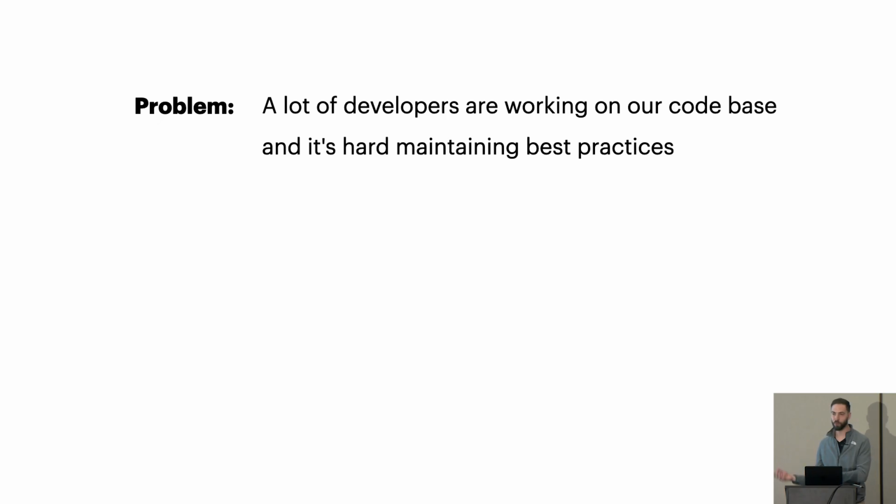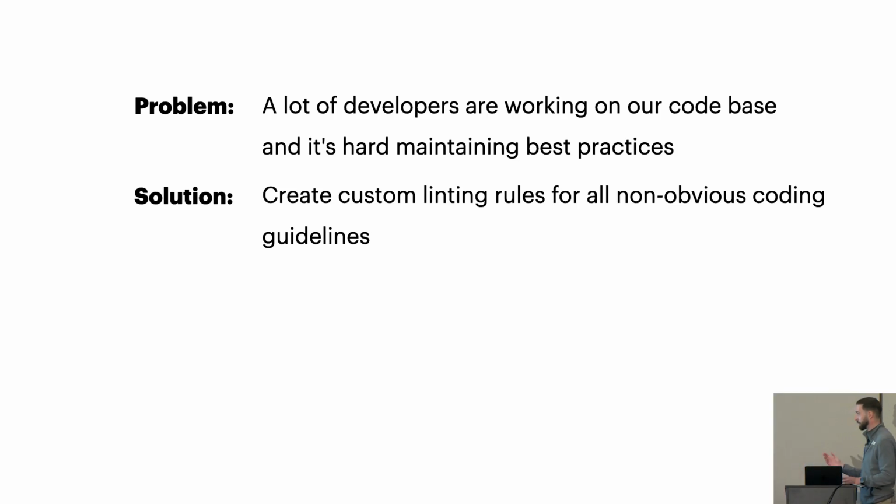Someone in a pull request might say, hey, maybe don't do it like that, but in that case, it would just be good if we could create a linting rule for that. But it's actually not super easy to very quickly add a new linting rule because those things can be complex. So the solution would be to create custom linting rules for all non-obvious coding guidelines.